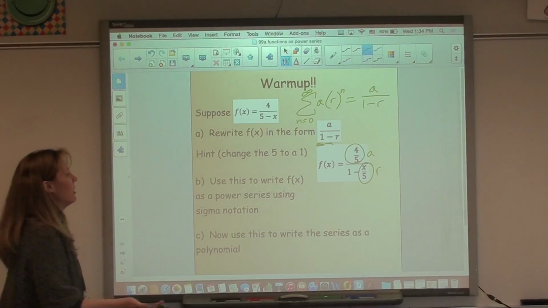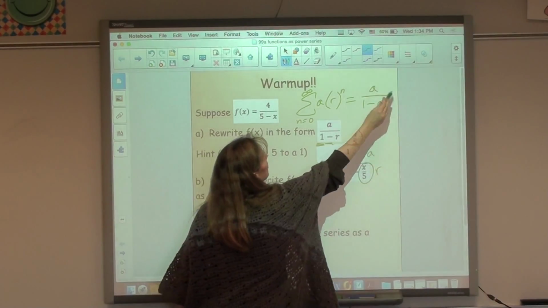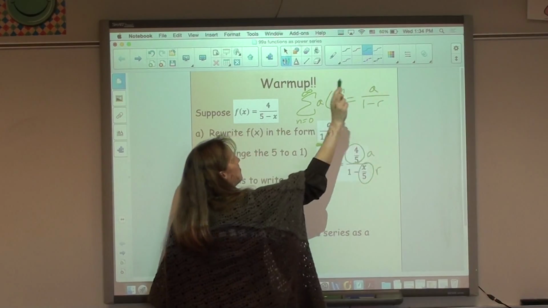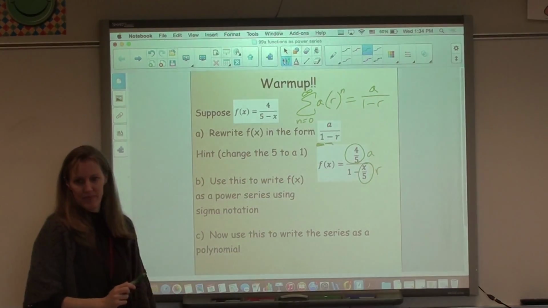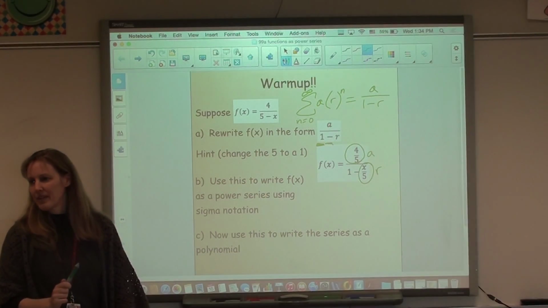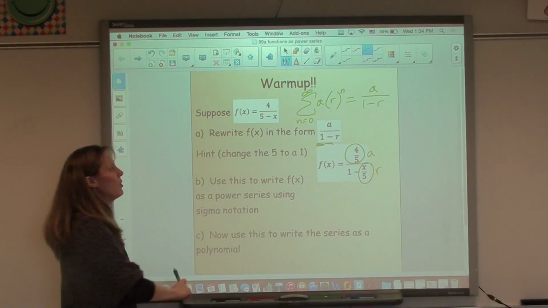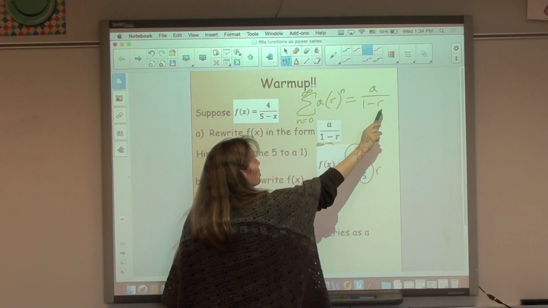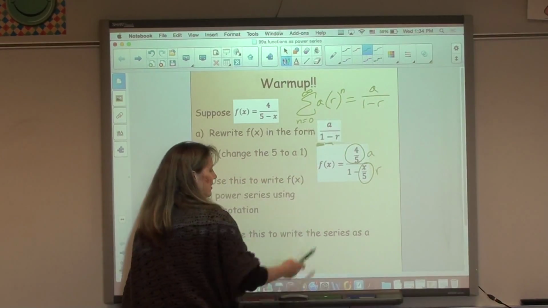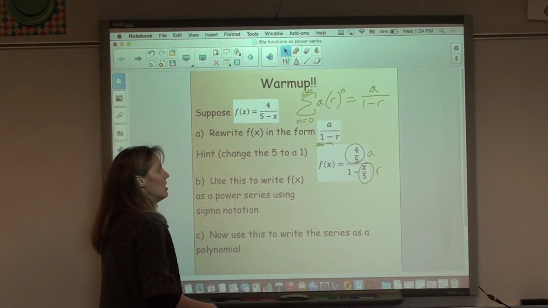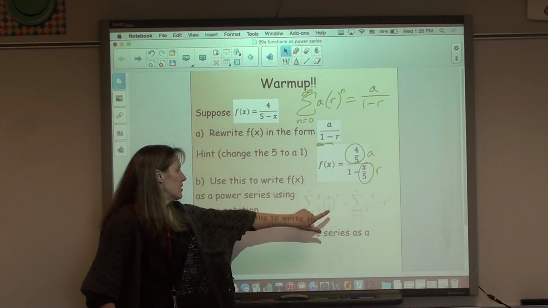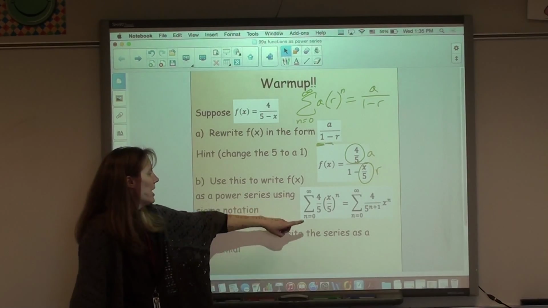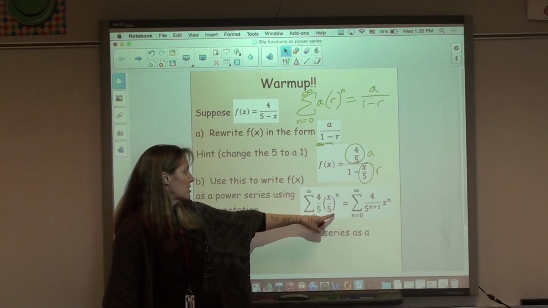So what we're doing next is we're going to start with the sum and back into the series. We've always started with the series and figured out the sum. Now we're going to start with the sum and back into the geometric series. So, we rewrite using sigma notation, and we get 4/5 times x over 5 to the n.